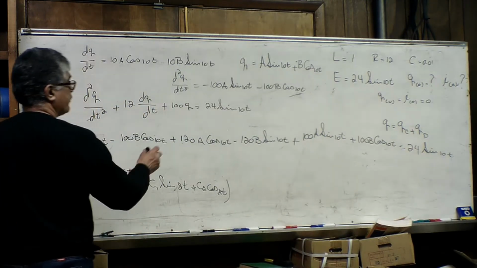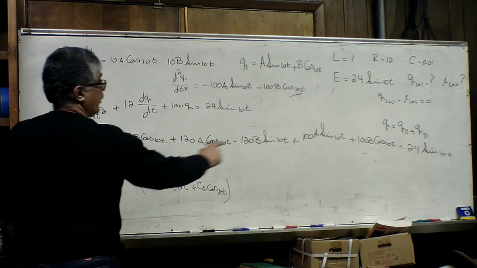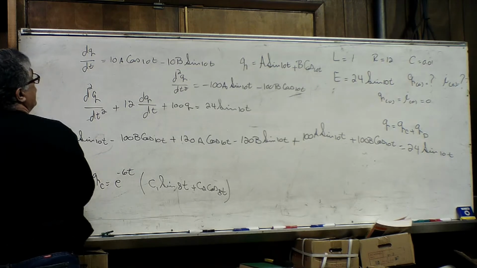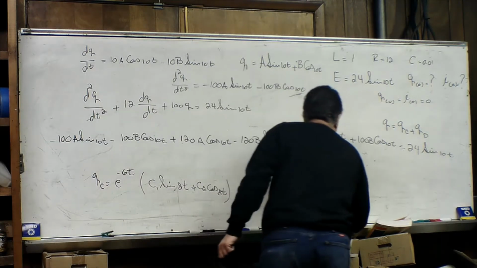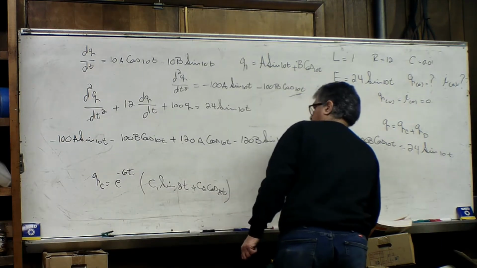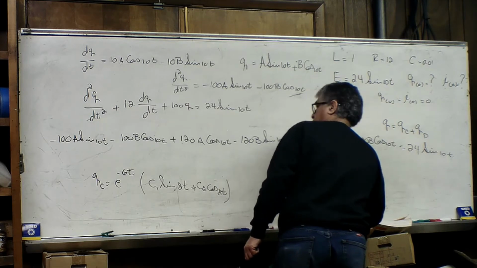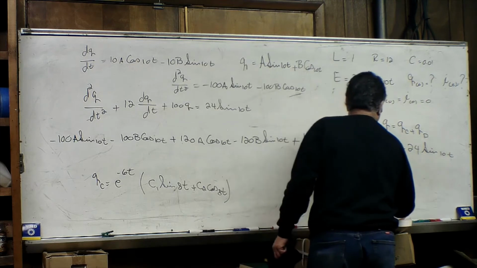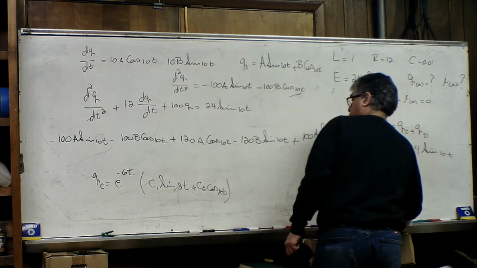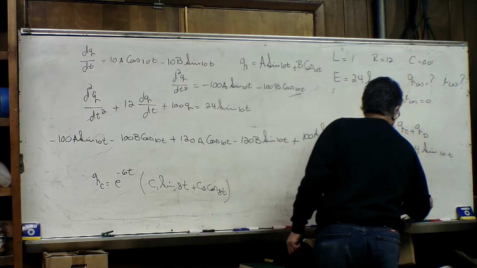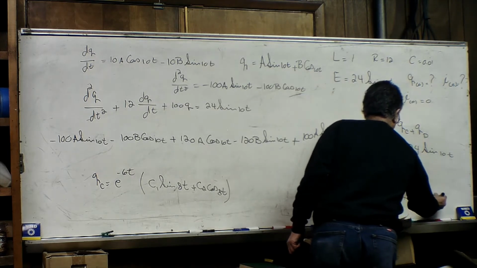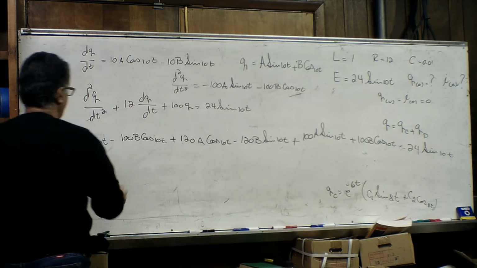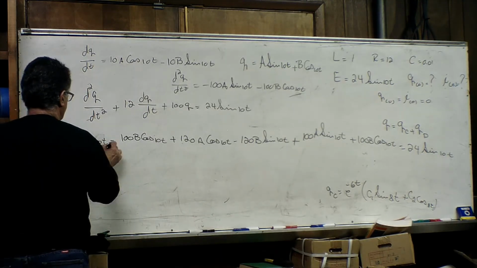Let me write this qc right here again. Our qc is e to the power minus 6t times C1 sine of at plus C2 cosine of at. Now let's go ahead and factor out the sine of 10t.